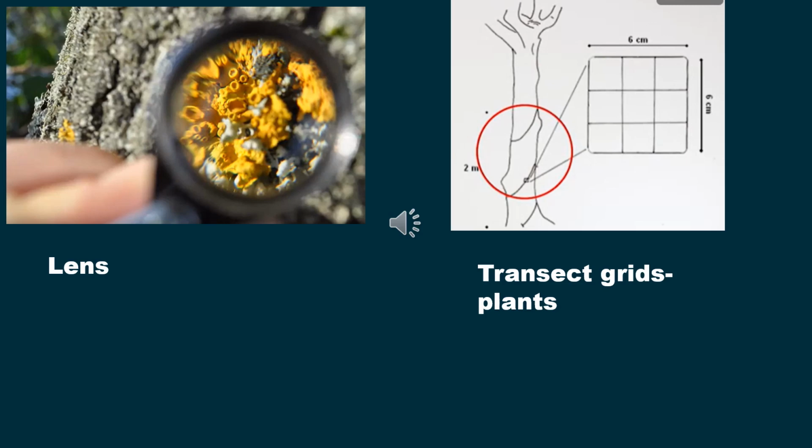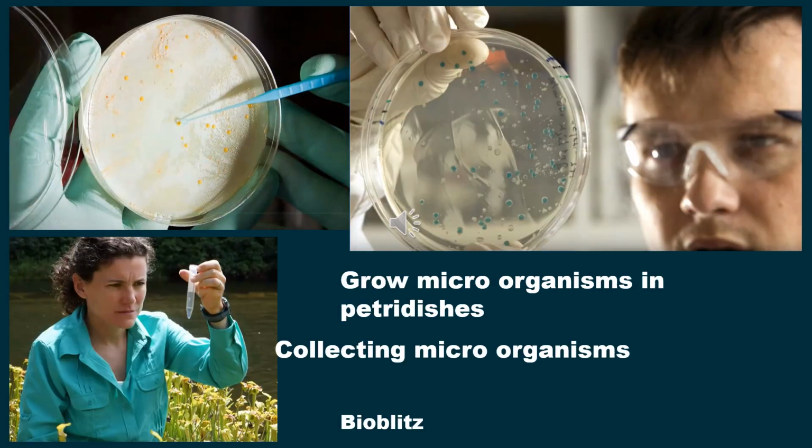You should always carry it for identification. Sometimes you need very accurate identification to monitor and sample microorganisms. Of course, you cannot do this type of study with your own naked eyes.